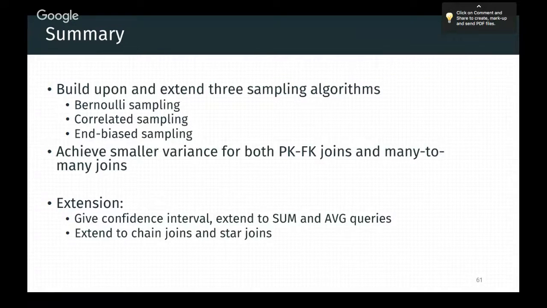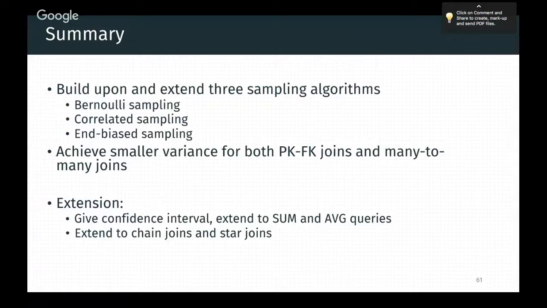So a brief summary of my talk. We build upon and extend three sampling algorithms: Bernoulli sampling, correlated sampling, and end-biased sampling, and give our new sampling algorithm, two-level sampling, which achieves a smaller variance for both primary key joins and many-to-many joins.